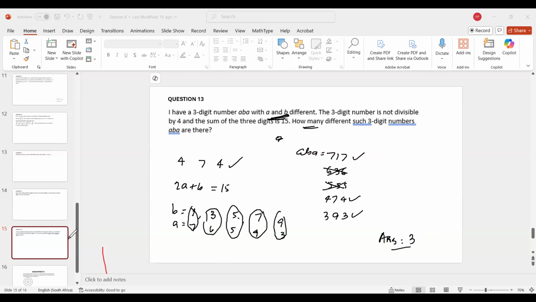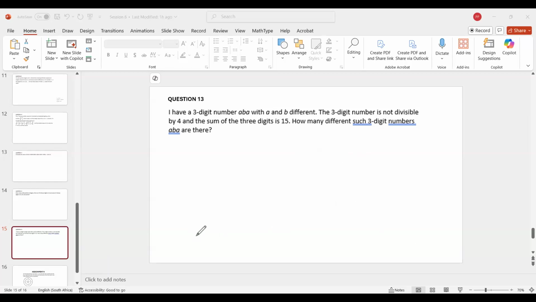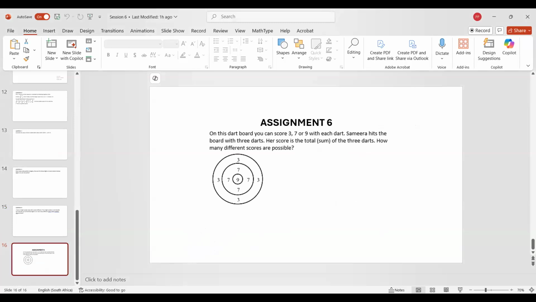Okay, now I've written down your assignment question, and I'm going to show it to you. So here's your assignment question. Let me just talk about it a little bit. They say you've got a dartboard. You can score 3, 7, or 9 with each dart, and you can see where the 7s are.